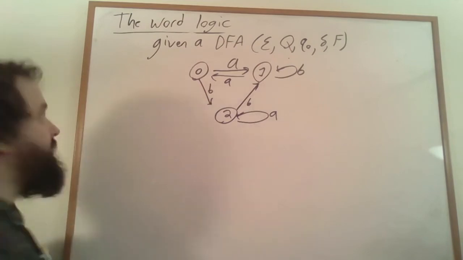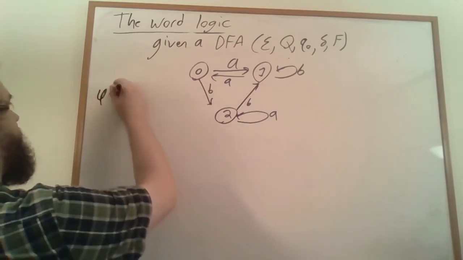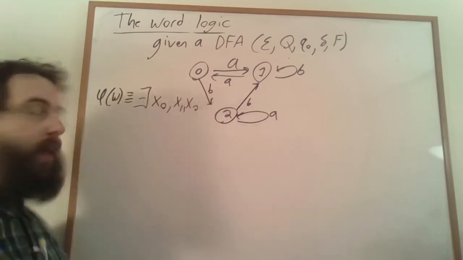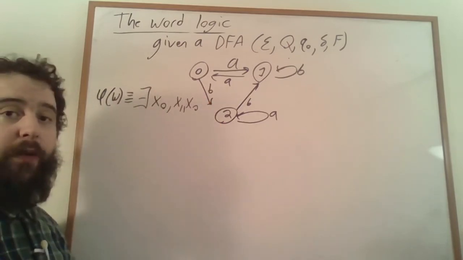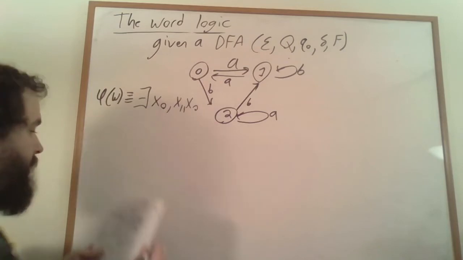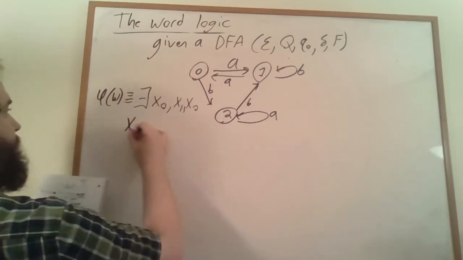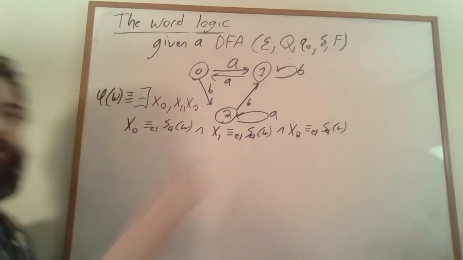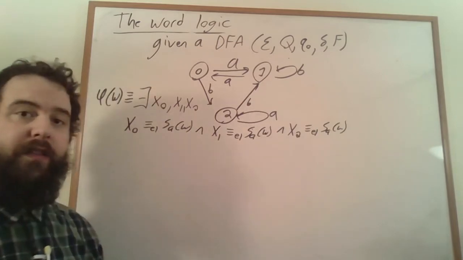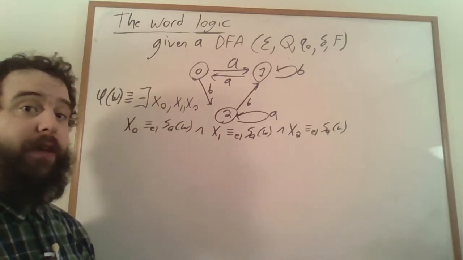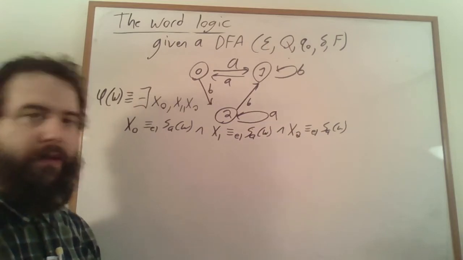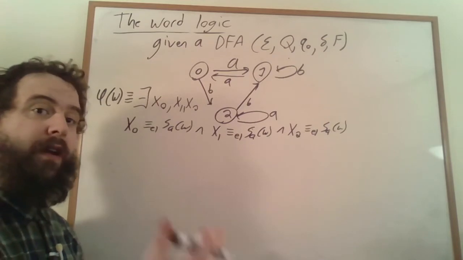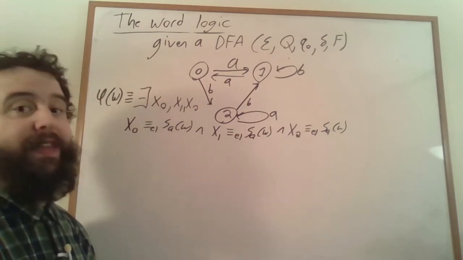Well, we're going to say that a word is accepted if there exist words x0, x1, and x2 such that each of these words is equal length to a successor of W. It doesn't matter which one, we just care about the length. But remember that our run is going to be one letter longer than the input word.